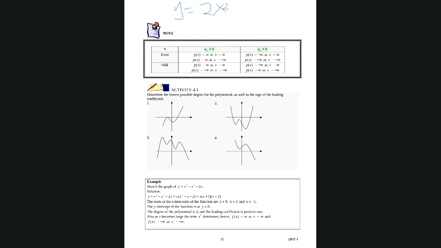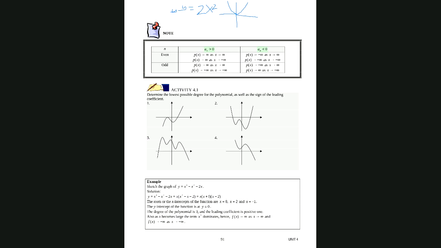Remember from high school, your graph will look like this.